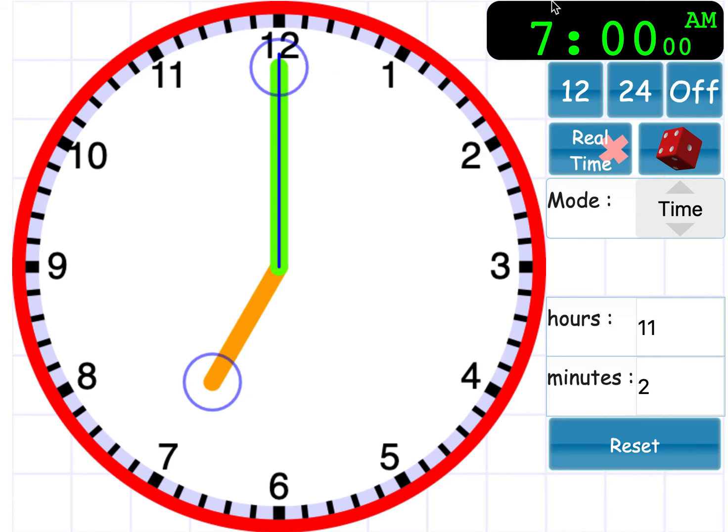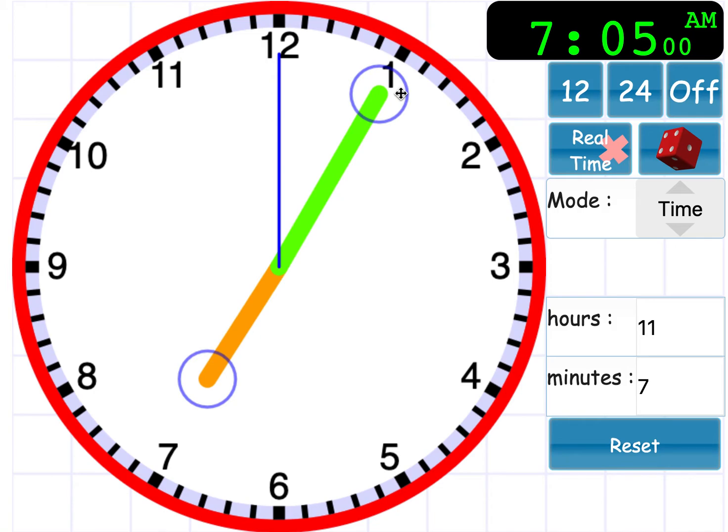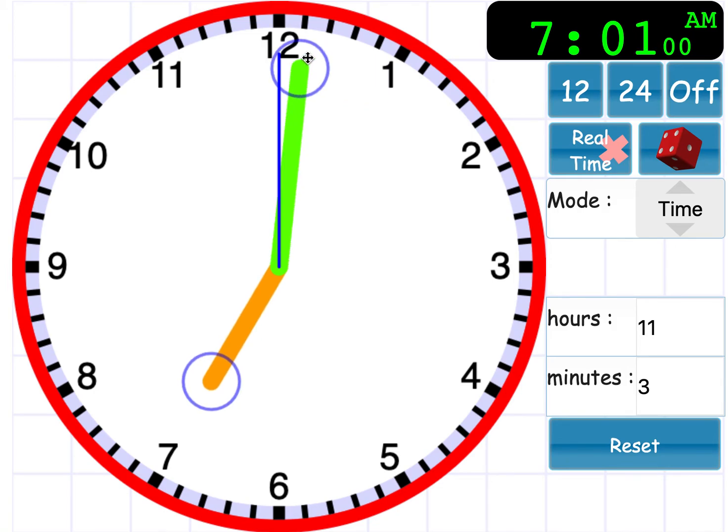So looking at the digital display up here, remember every time it moves, it's 5 minutes added on. So counting in your 5 times tables is going to really help you in this instance. Okay, so let's start back from 7.